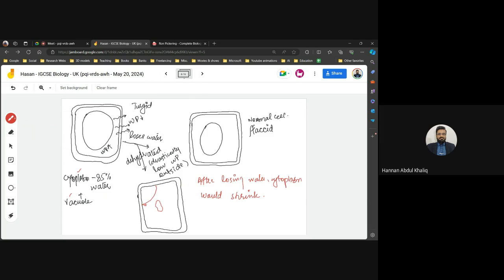Now the cytoplasm will look like this. It has been shrunken.